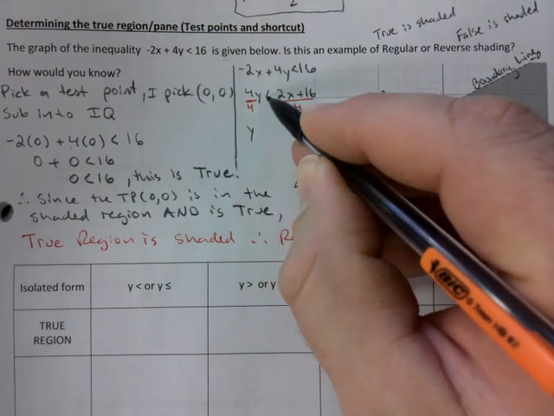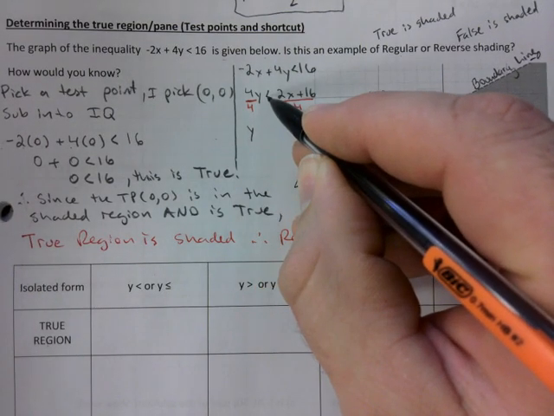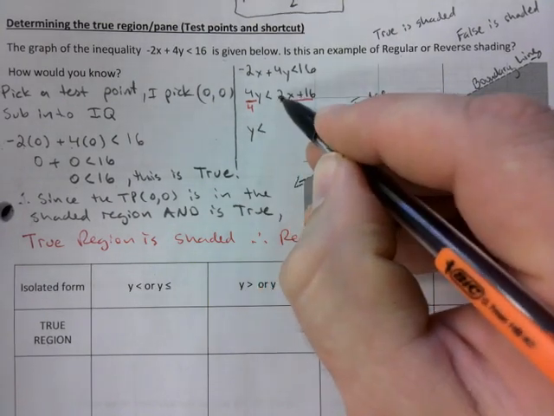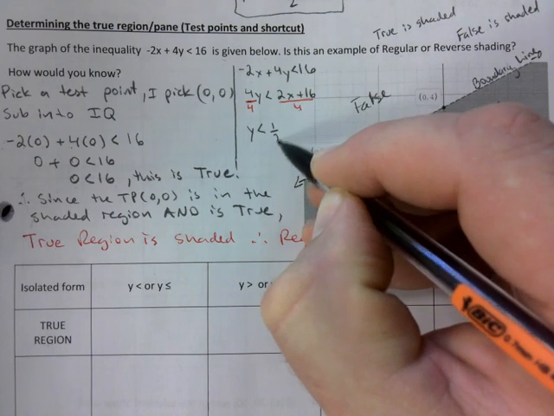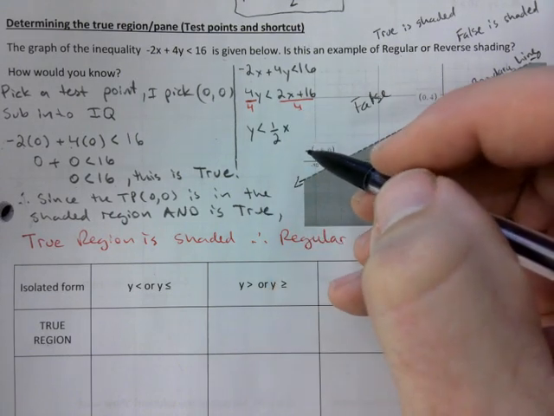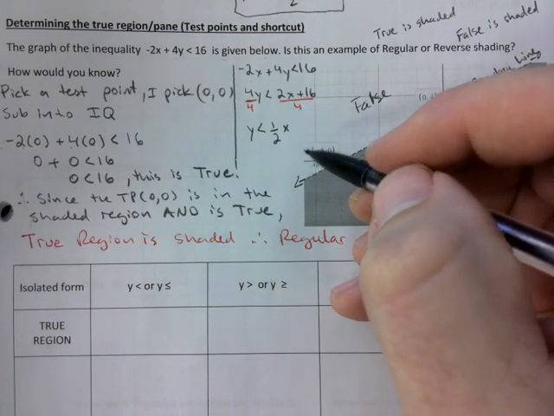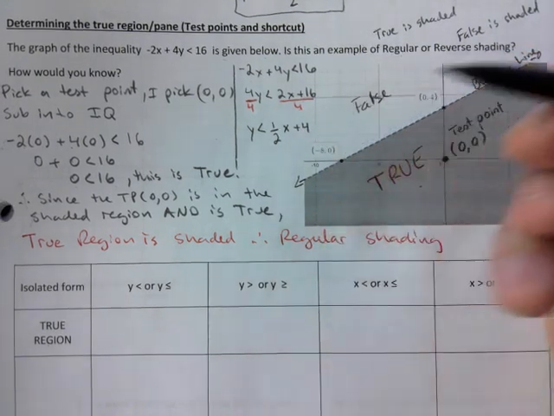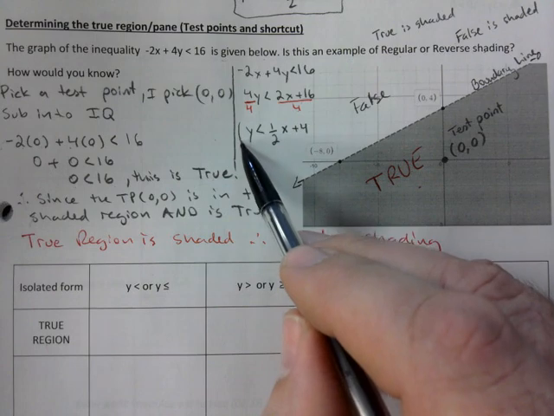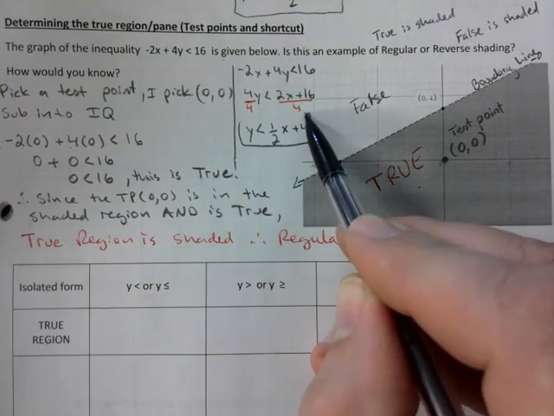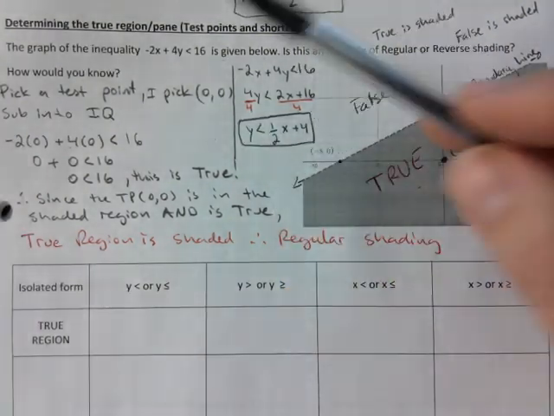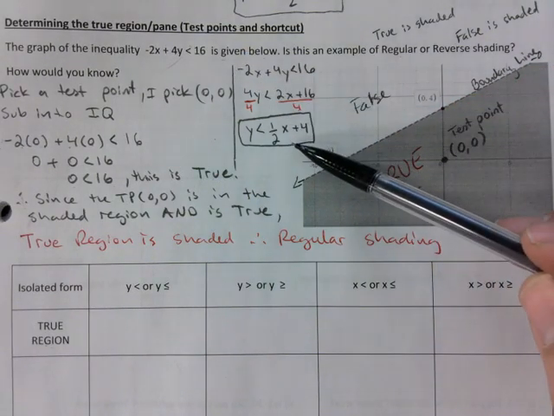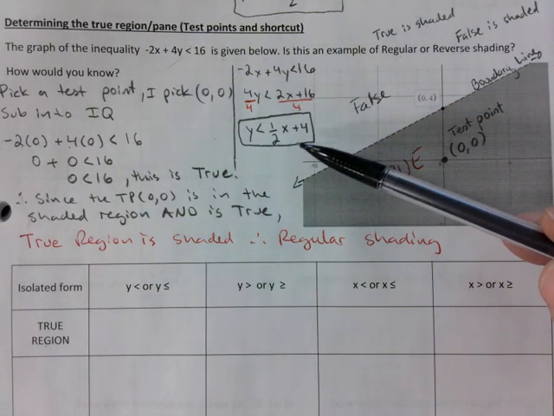Do you need to flip the inequality? No, it's not a negative, right? So, phew, you dodged that one, right? 2 divided by 4 is half, right? Even if you don't reduce fractions, you're going to be okay. No marks will be lost. Plus 4. I just want you to see this one. So this inequality that is in standard form can be rewritten into slope-intercept form.